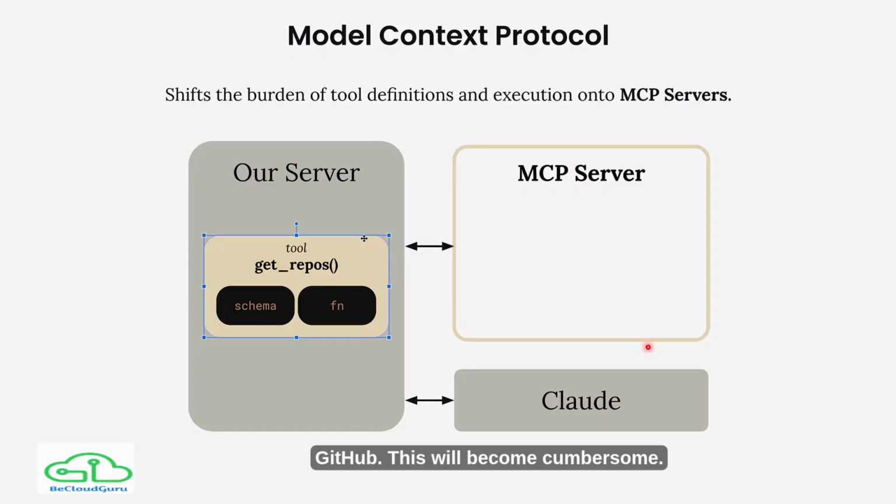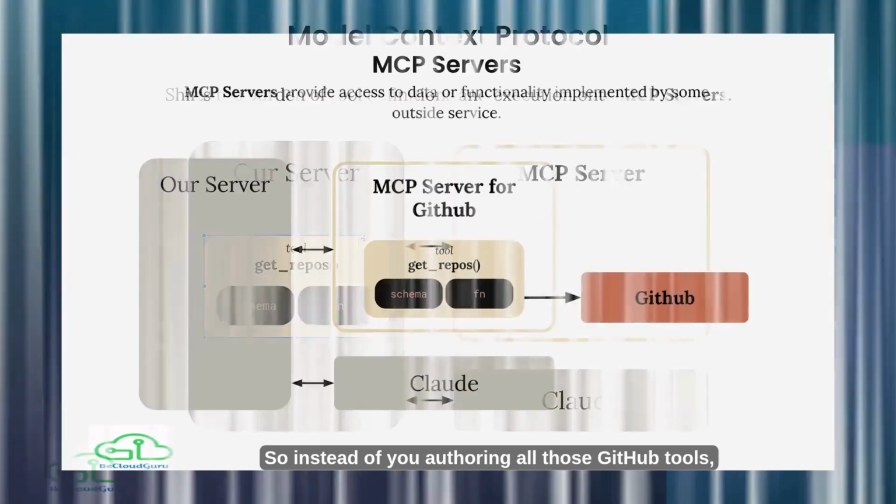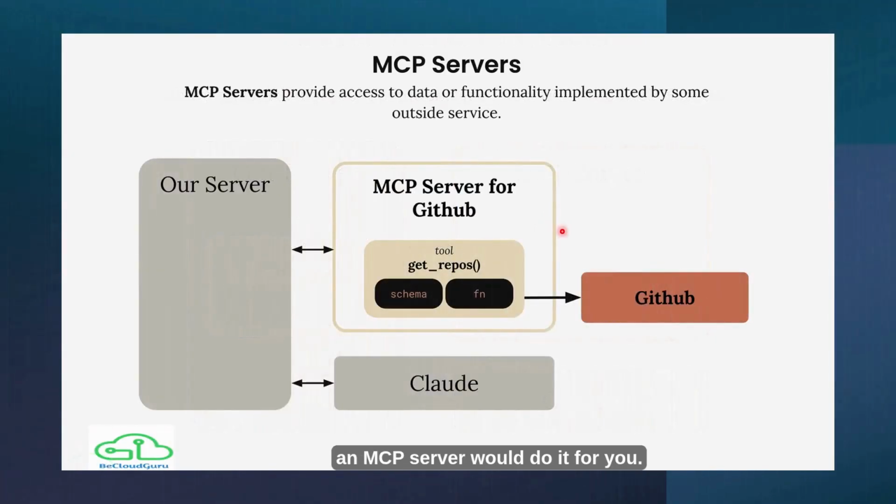Now comes into the picture your MCP or the Model Context Protocol. MCP shifts this burden by moving these tool definitions and executions from your server to your MCP server. So instead of you authoring all those GitHub tools, an MCP server would do it for you. Here the MCP server would act as a specialized interface to tools and resources in a standardized way.